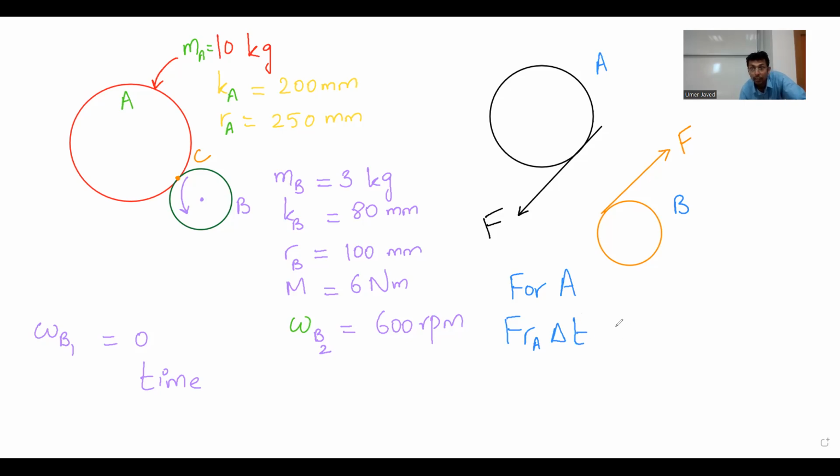Because integral M dt is equal to KG square MA. Let me write down the equation if students are getting confused.